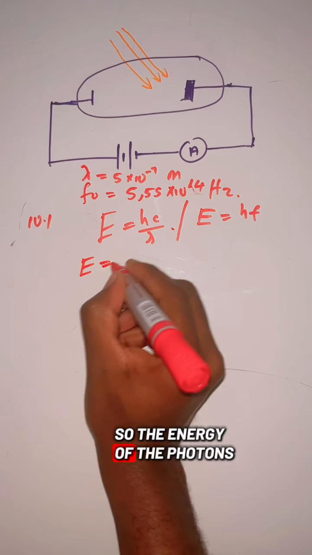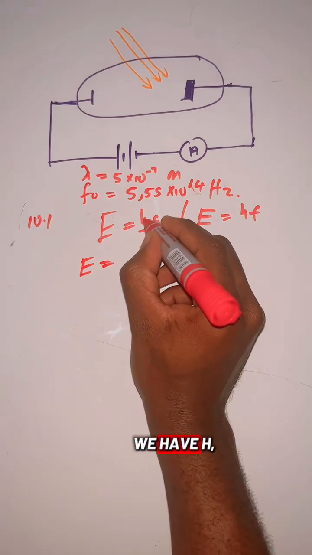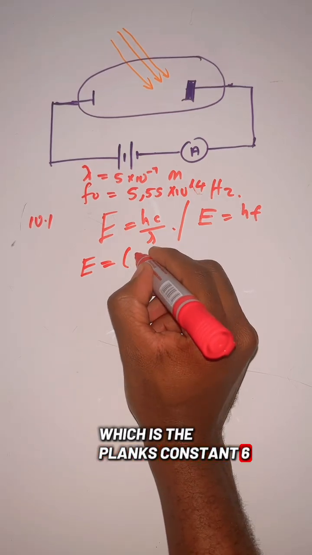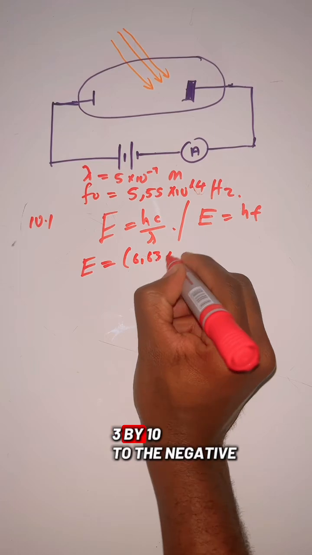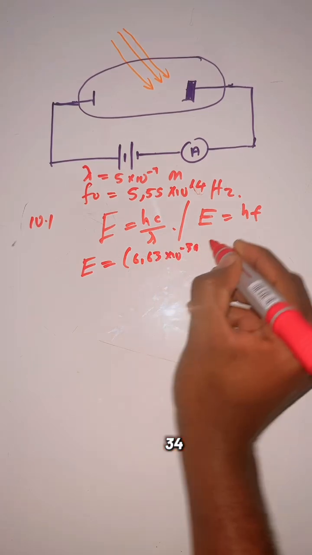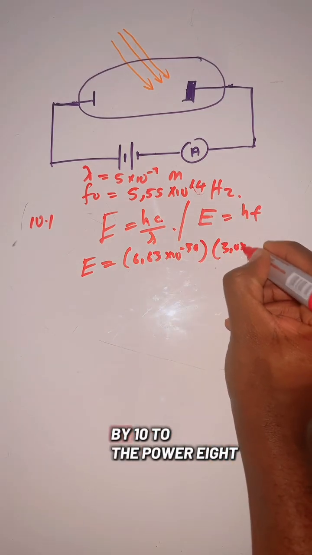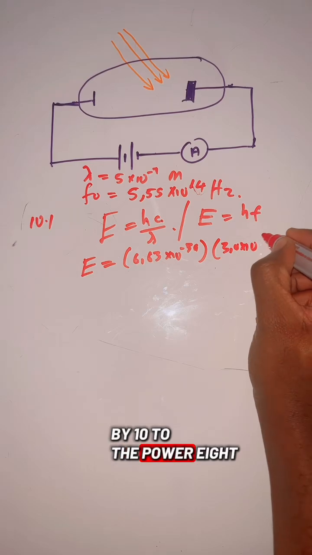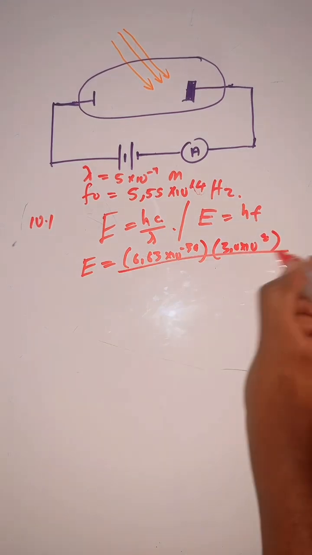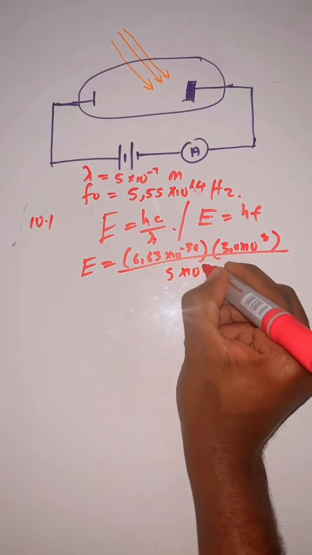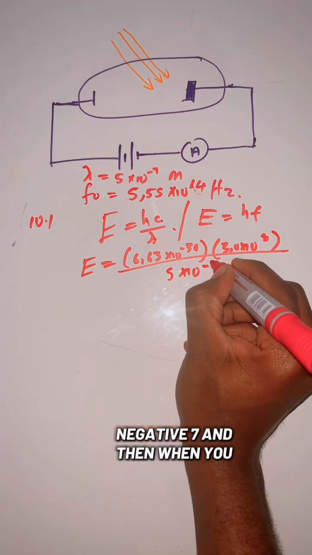So the energy of the photons, we have h, which is Planck's constant, 6.63 times 10 to the negative 34. And then we have c, which is the speed of light, 3.0 times 10 to the power 8. And then lambda, we know that is the wavelength, 5 times 10 to the negative 7.